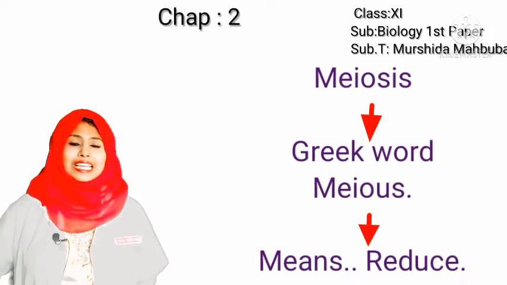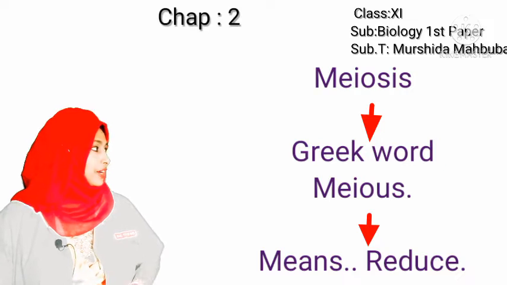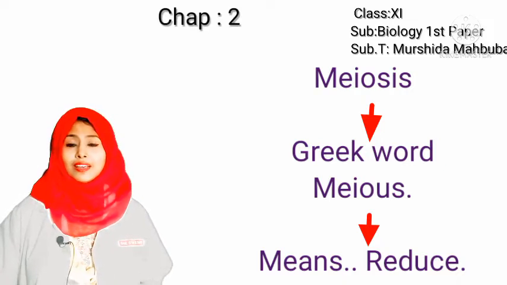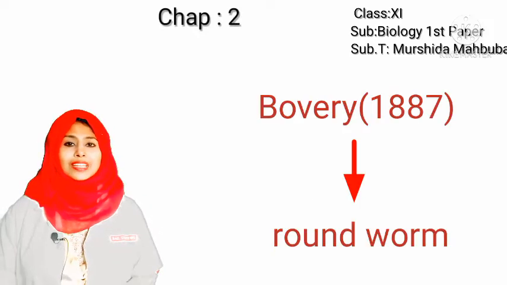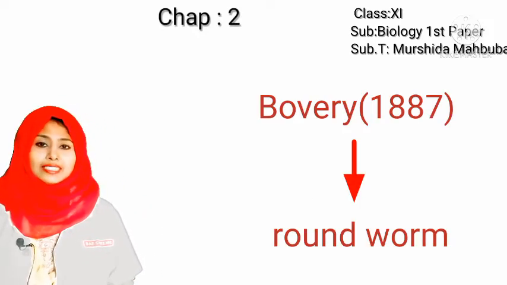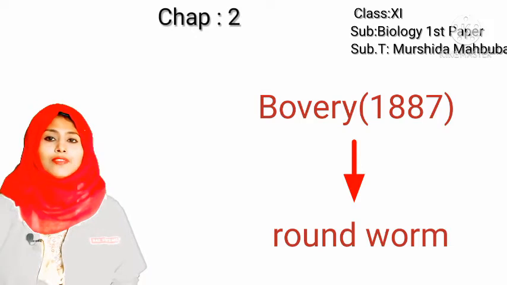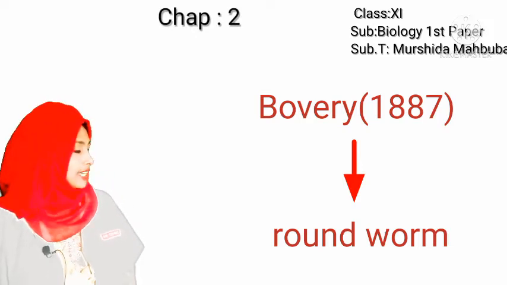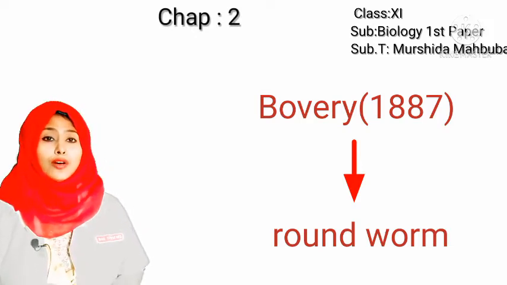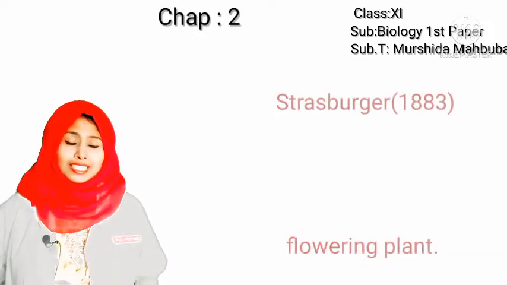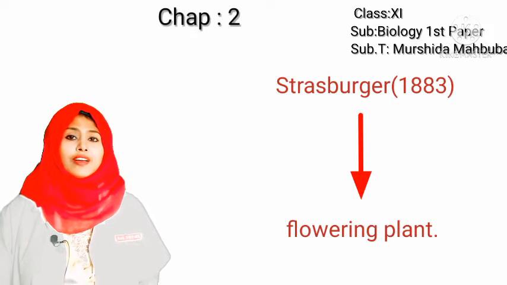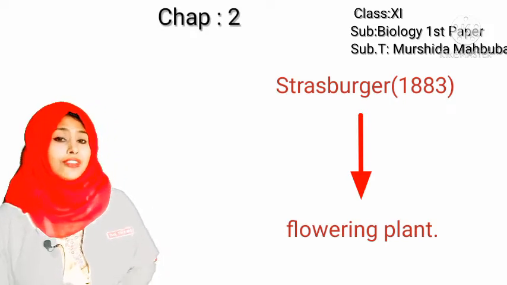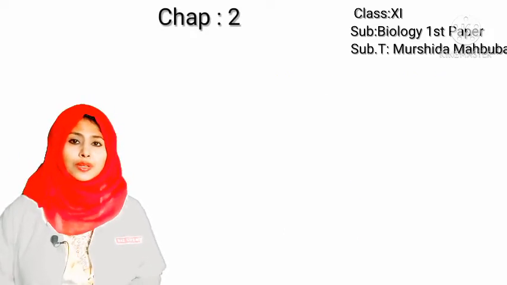Meiosis is derived from the Greek word meios, which means reduce. Boveri in 1887 first found this type of cell division in roundworm. Then Strasburger in 1883 found it in the flowering plant.